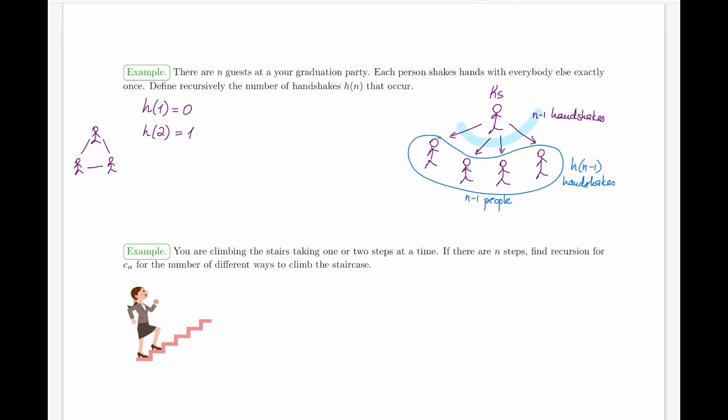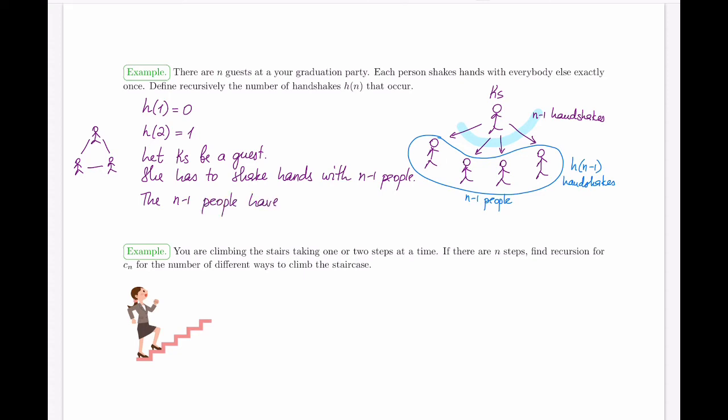So what I have now is, again, I have identified that one special guest. So let's give her a name. Let's say Ksenia, KS, be a guest at the party. She has to shake hands with everybody else, which means that she has to shake hands with n minus 1 people, therefore performing by herself n minus 1 handshakes. And then the n minus 1 remaining people have to shake hands all amongst themselves.